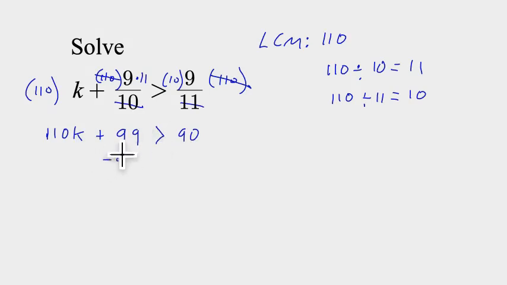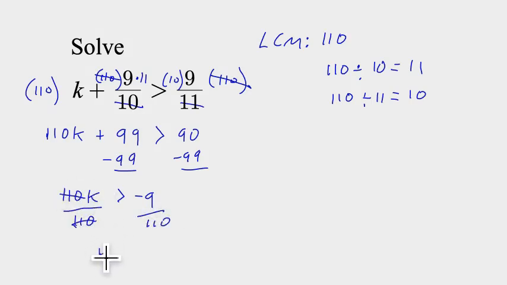So let's go ahead and solve for k. So k is greater than negative 9 over 110.